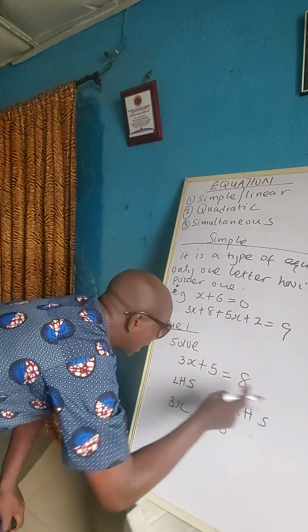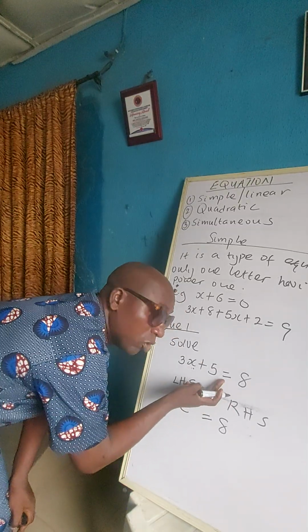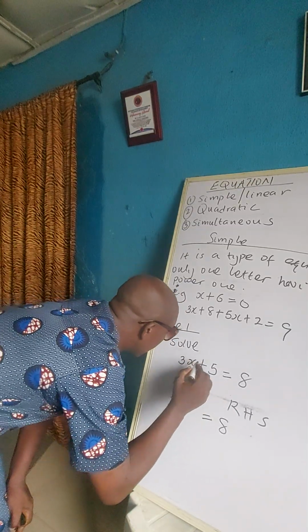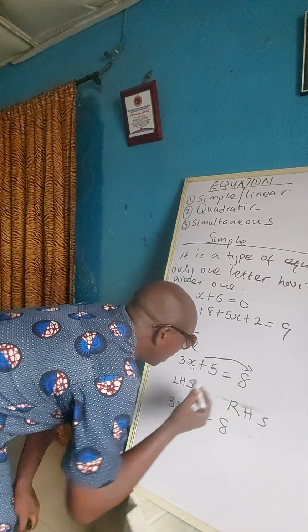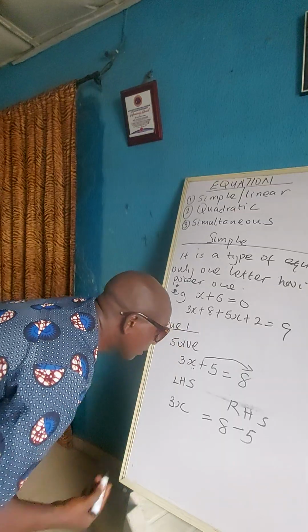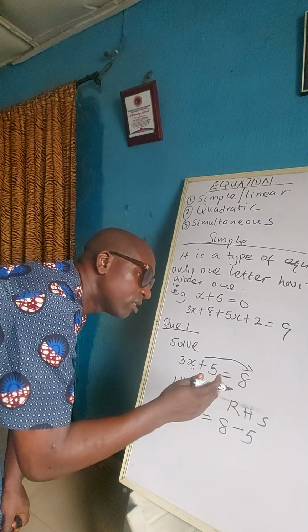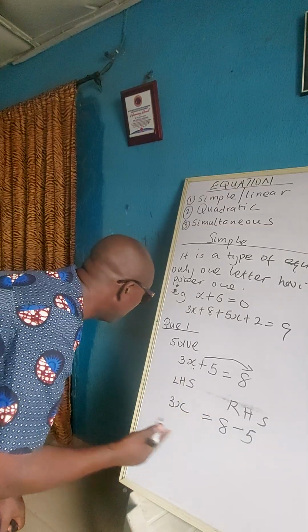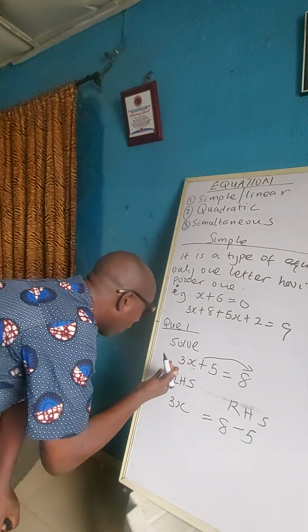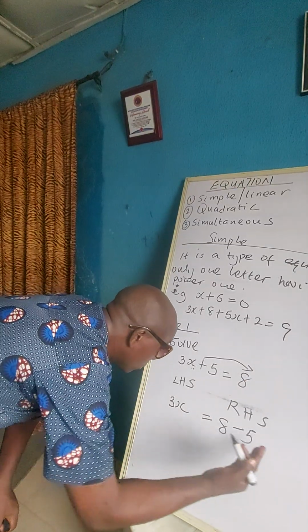It will come to this side, and when it's coming, this plus will change because of the equality sign. As it's going to this side, it becomes minus 5. And make sure after doing this, you count all the figures and letters you see, whether they are complete: 1, 2, 3. It's complete.